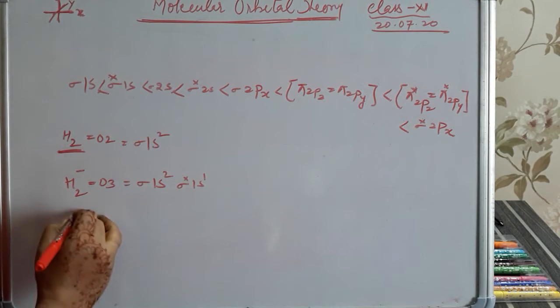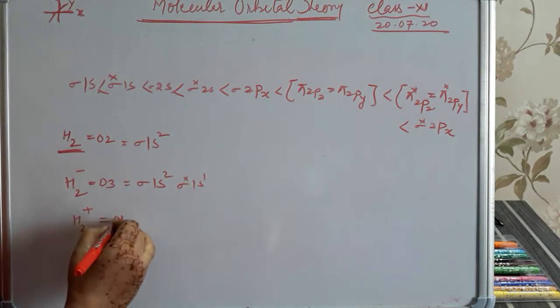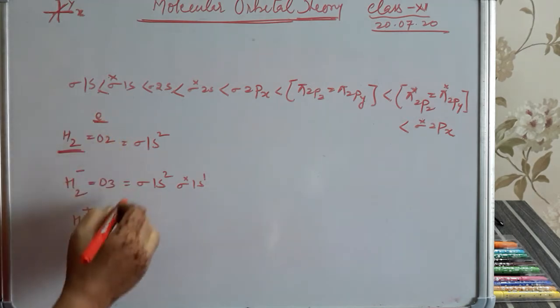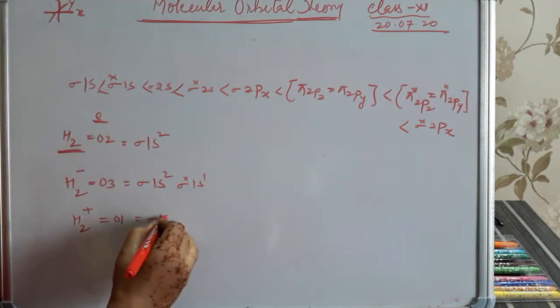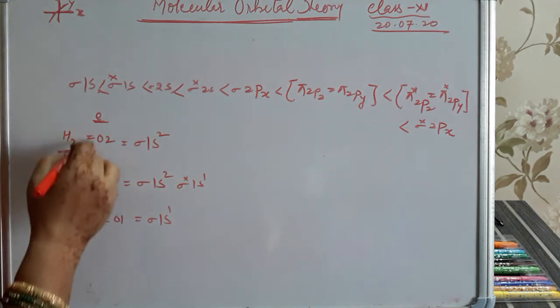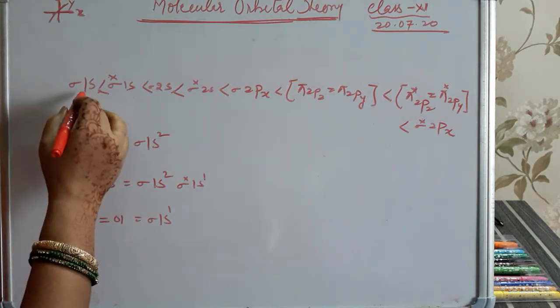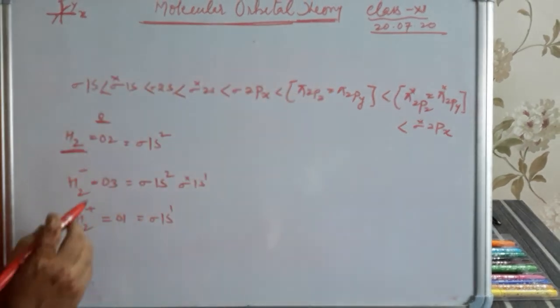And if we write this type of species, it has only one electron, so we will write sigma 1s1. In this way, however many electrons are present in a given species, you can fill the electrons in the increasing order of their energy.